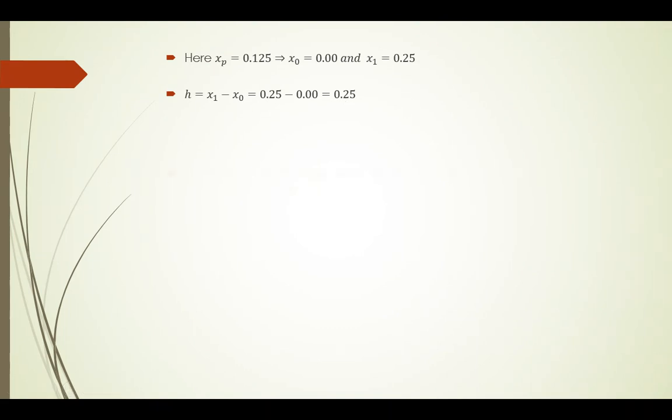Next we need to calculate p. P is xp minus x naught by h. So xp is 0.125 minus x naught is 0.00 divided by h, which you have calculated here, 0.25. So calculate this fraction, you will get 0.5. So p is 0.5, and we see that 0.5 lies between 0 and 1, as we studied that p lies between 0 and 1. Anyways, this is the value of p, which is 0.5.